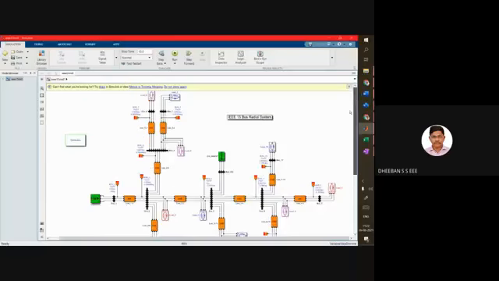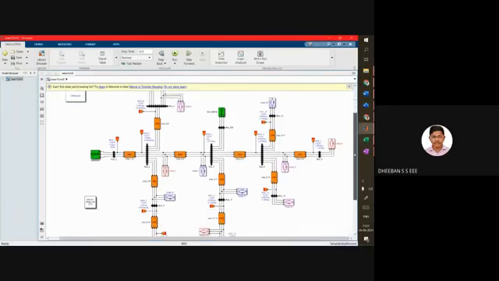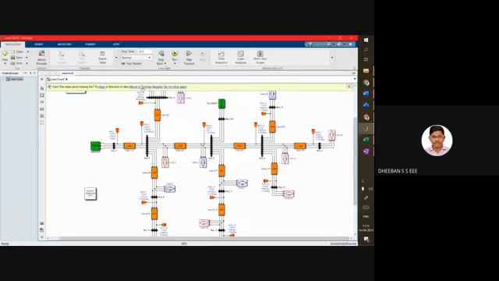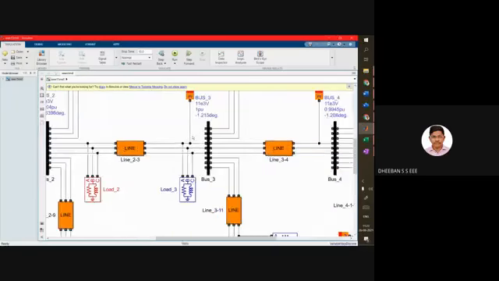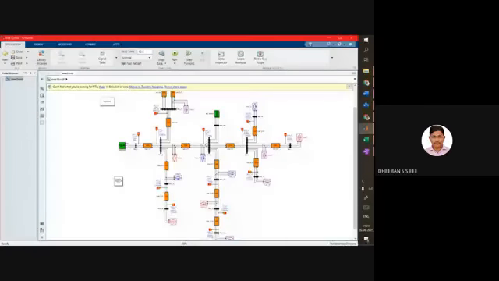Some buses will be of generation part and some buses will be of load part. Okay, so it is a very complex, huge network. Here you can see each and every part will be connected to some other network. So bus 3 itself has a very complex interconnection.